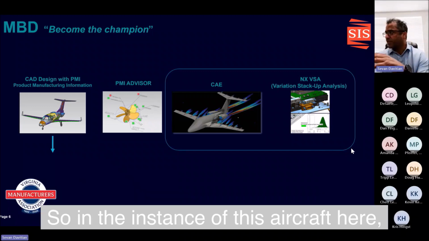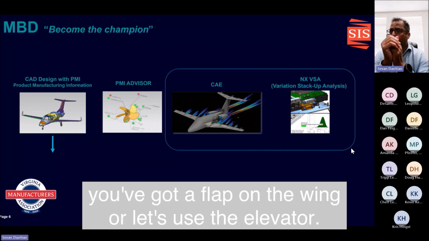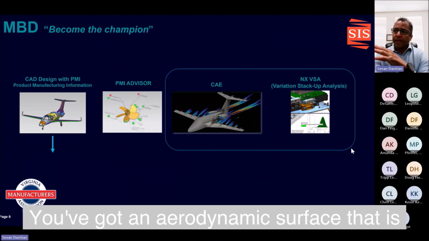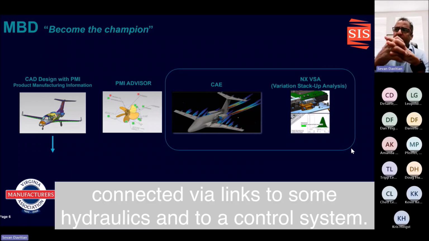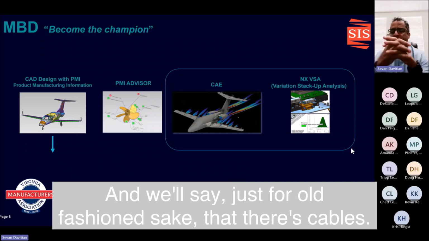So in the instance of this aircraft here, you've got a flap on the wing, or let's use the elevator. You've got an aerodynamic surface that is connected via links to some hydraulics and to a control system, and we'll say just for old-fashioned sake that there's cables.